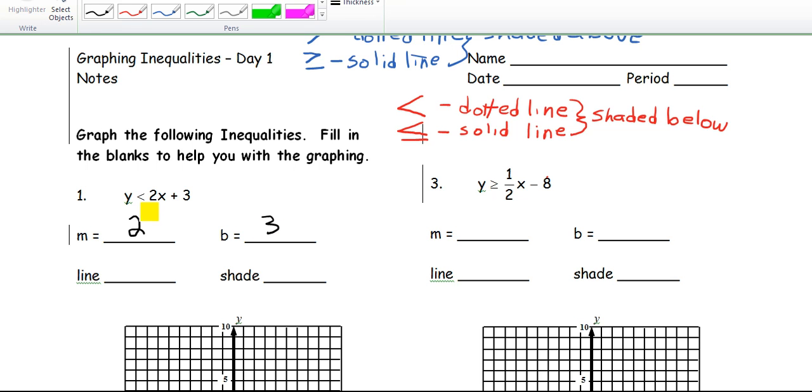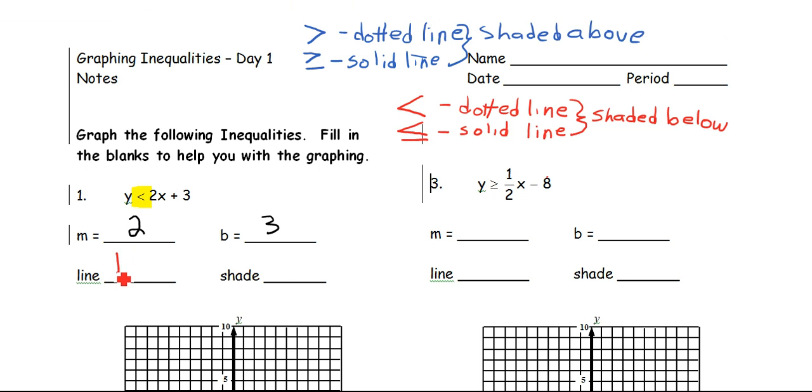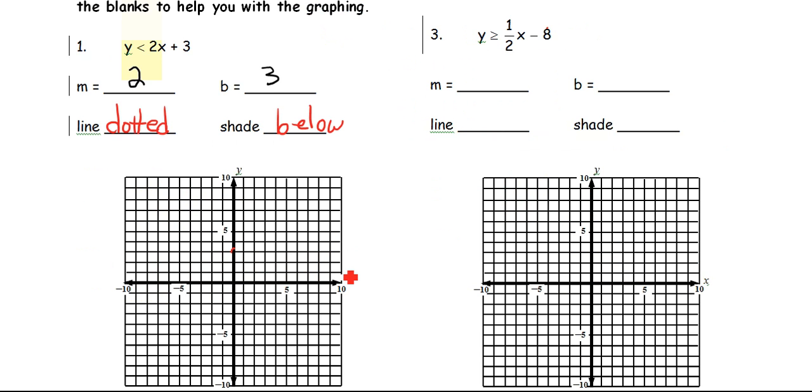And we see here that the inequality is a less than. So it doesn't have the equal sign underneath. So what we're going to do is make that a dotted line, and since it's less than, we can see up here that will be shade below. So let's see what that looks like.